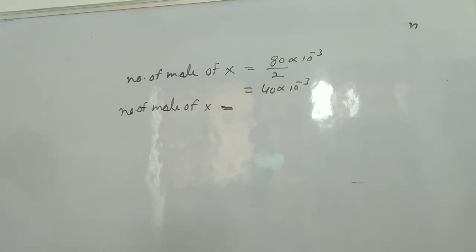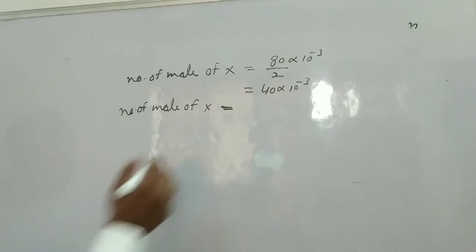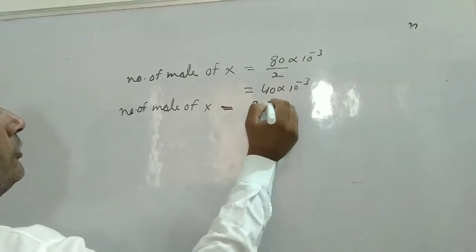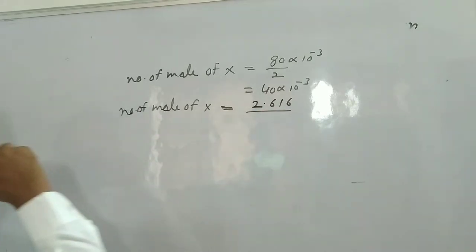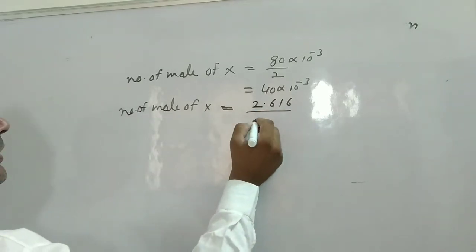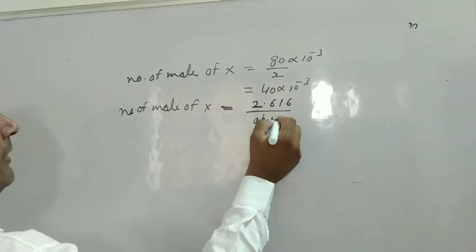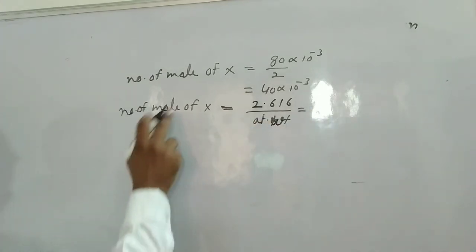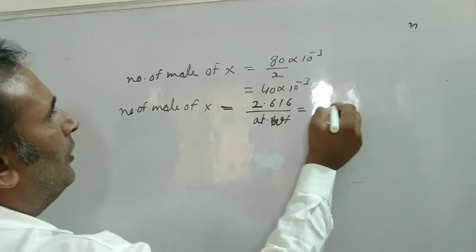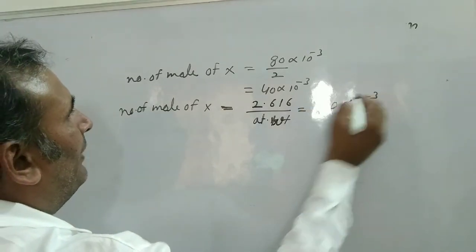So 2.616 divided by the atomic weight of X is equal to 40 into 10 raised to power minus 3.